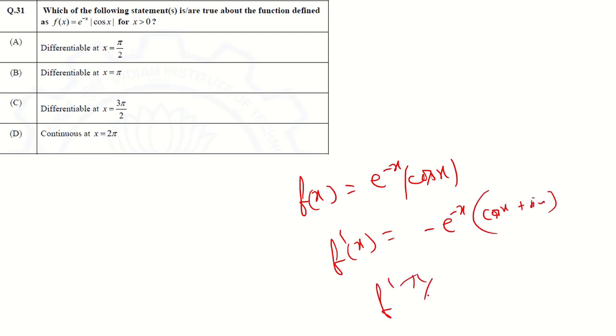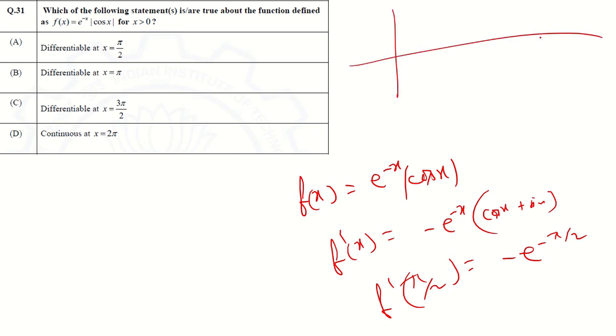So f dash of pi by 2 is equal to minus e to the power minus pi by 2. You know, f(x) is differentiable at pi, because if you see this cos x graph, this is pi, this is 2 pi, this is 3 pi, right? And this is pi by 2.